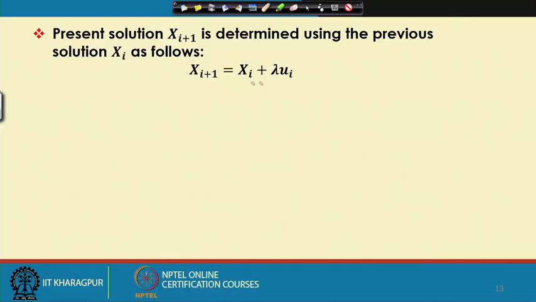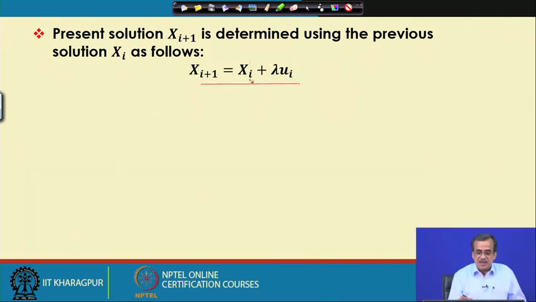Now, according to this method, the rule for updating is this, that is X i plus 1 is nothing but X i plus lambda u i. So, capital X is a collection of all the design variables like small x 1, x 2 up to x m, if there are m such design variables.